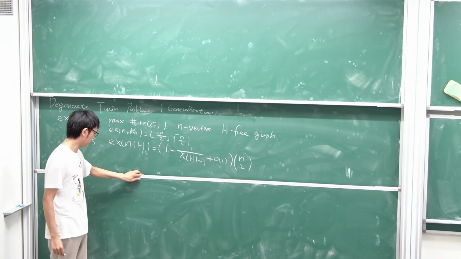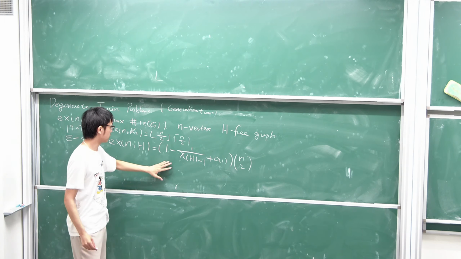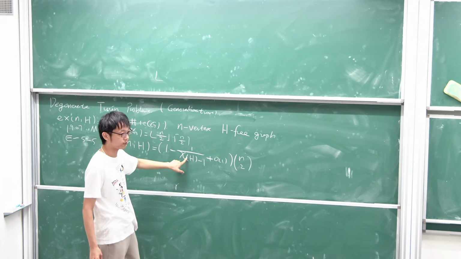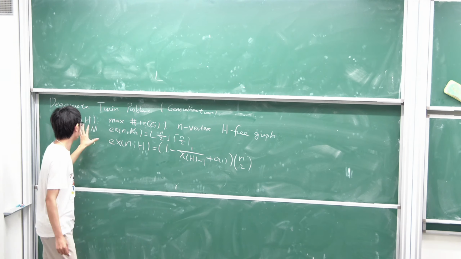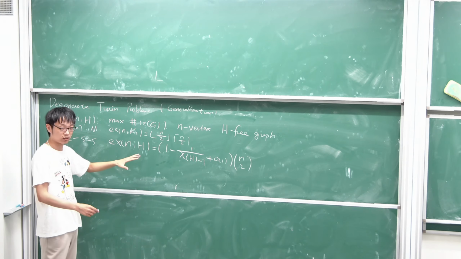So we can see that, usually when we talk about the Turán problem, H is of constant size.